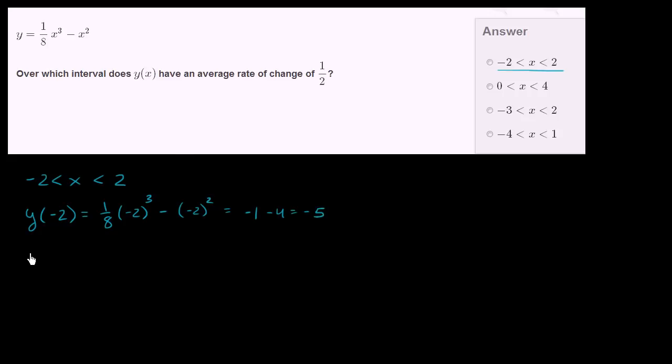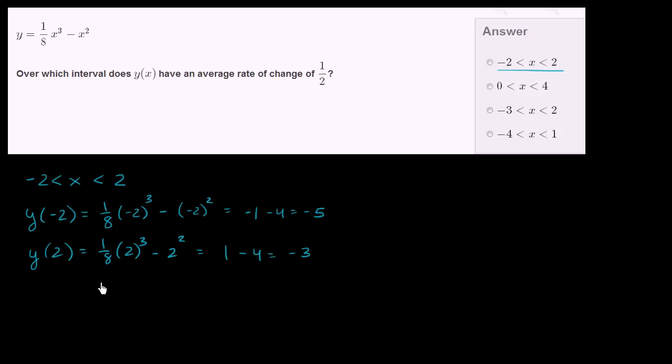And y of 2 is equal to 1/8 times 2 to the third power minus 2 squared. That's going to be equal to 1/8 times 8 is 1, minus 4, which is equal to -3.